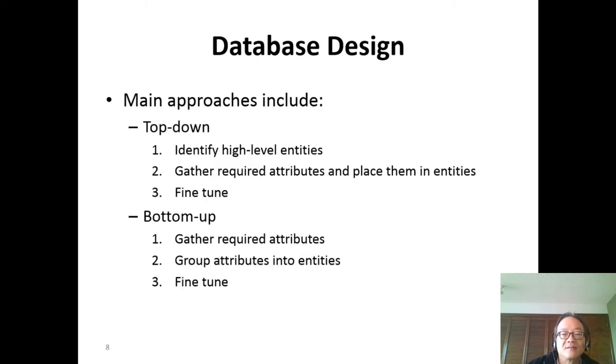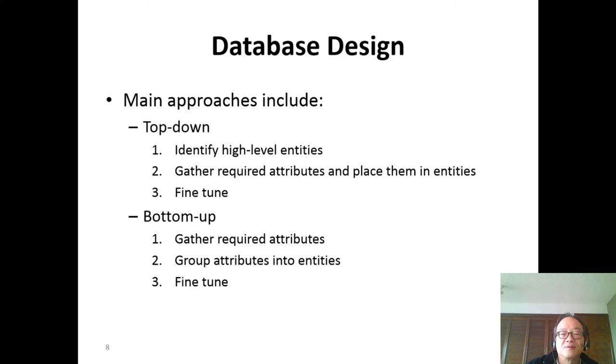Generally speaking, there are two major approaches that we use when we design a database. They are top-down or bottom-up. With the top-down approach, we will first identify high-level entities.